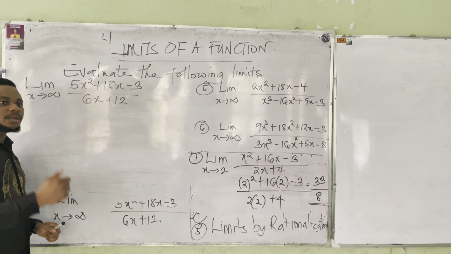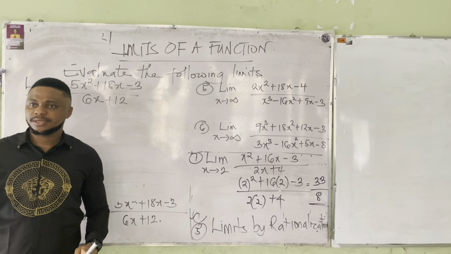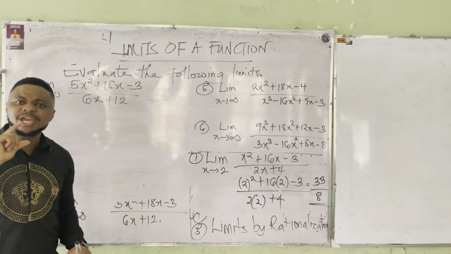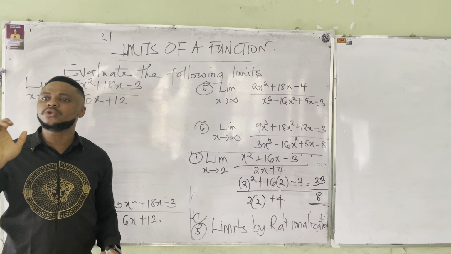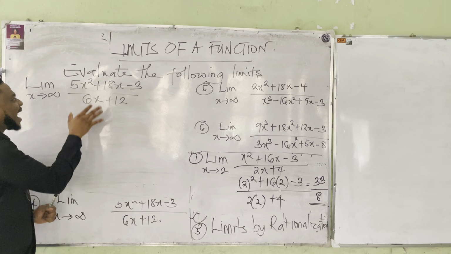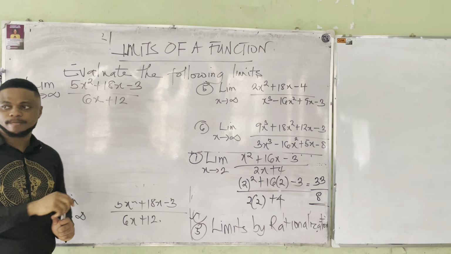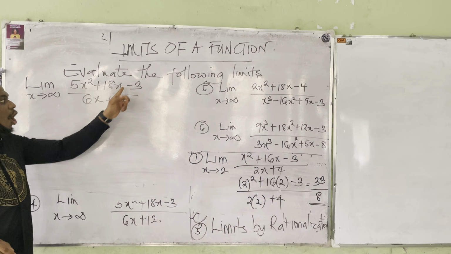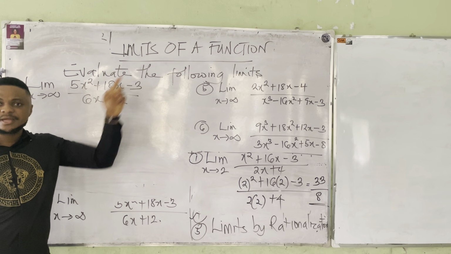Now, the highest degree here is the one in which x has the highest value as its power. Which one has the highest power of x here? 5x squared, right? All these other ones are just x raised to power 1.